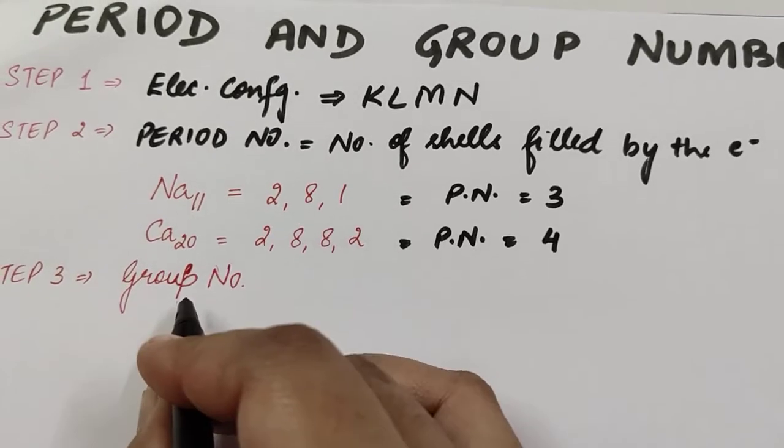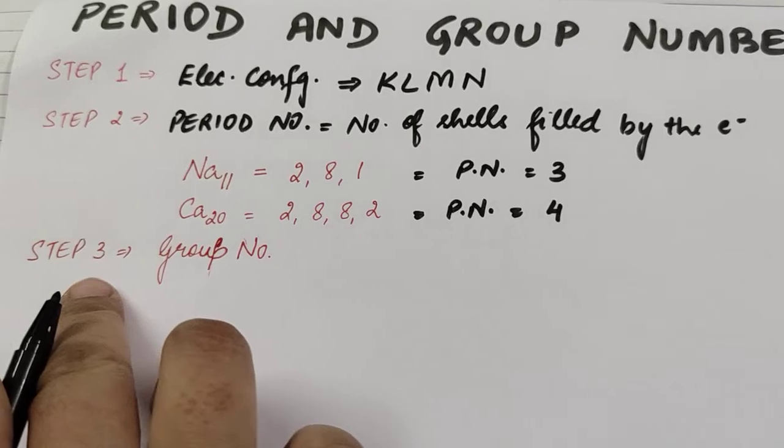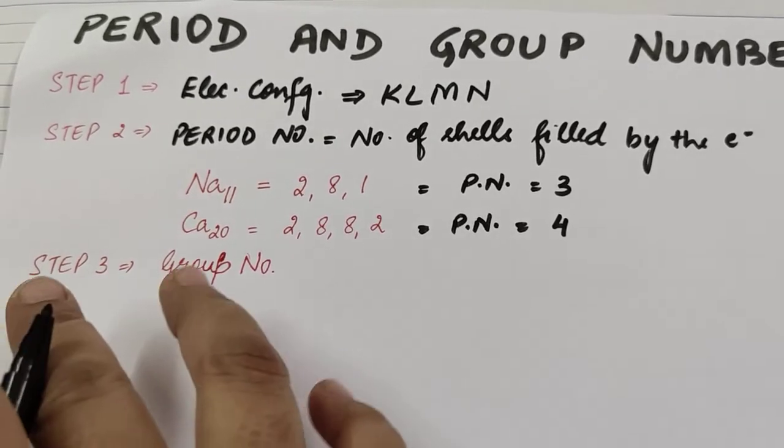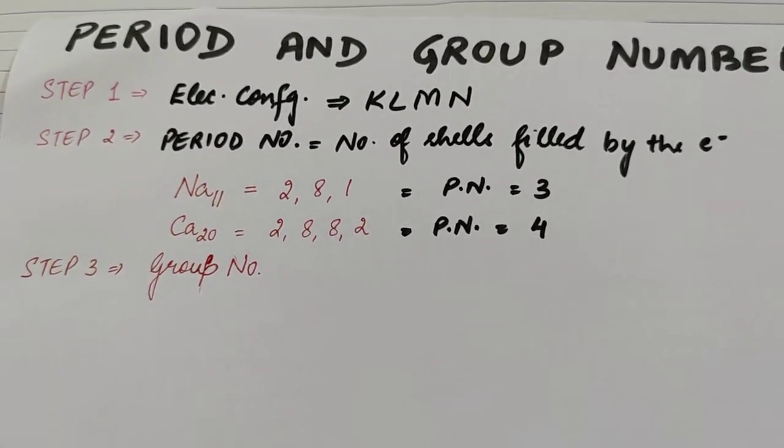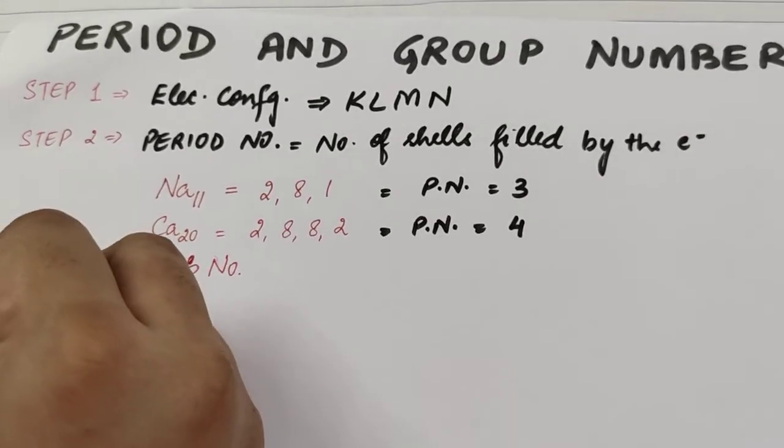To find out the group number, there are a few sub-steps in step number 3, and you have to remember all those substeps, and I will explain each substep with the help of an example. Let's see the first one.